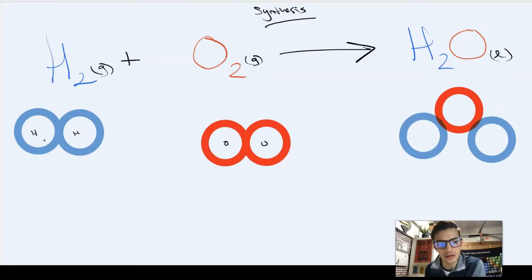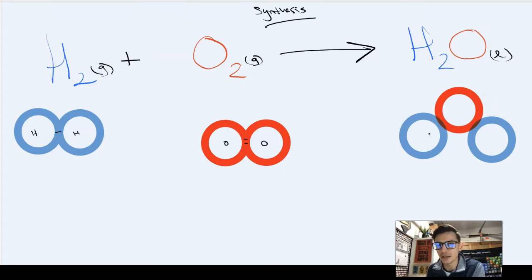These two different colored double rings represent what hydrogen and oxygen gas look like, because H2 is a bond between two individual hydrogen atoms, and O2 is a bond between two individual oxygen atoms, actually with a double bond. But regardless, the way that we want to check to see if this equation makes sense logically is to look at the number of reactants that I have and the number of products that I have.